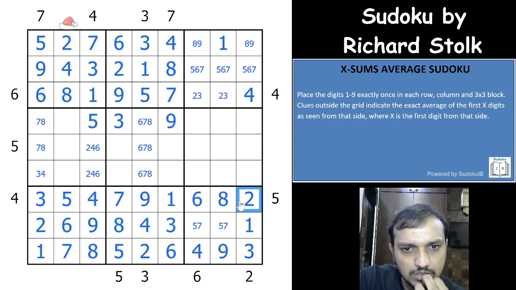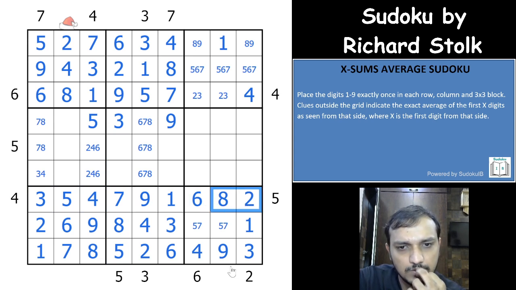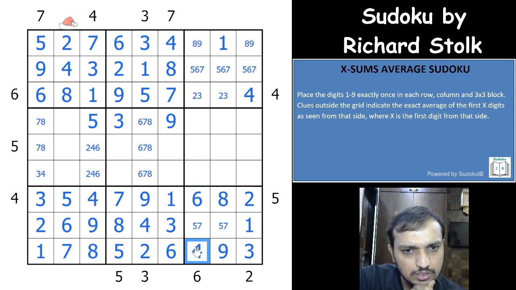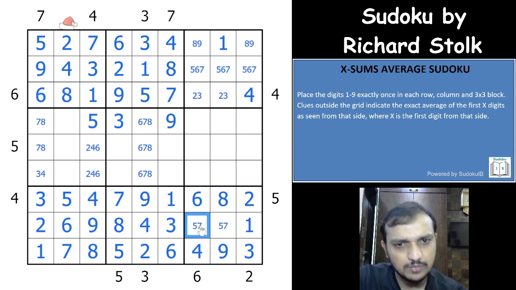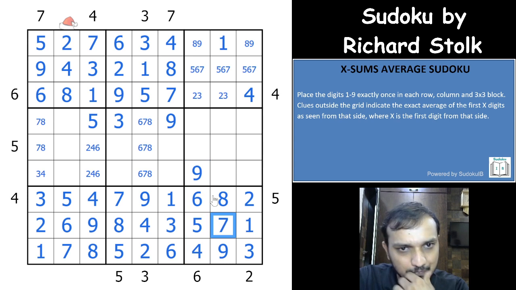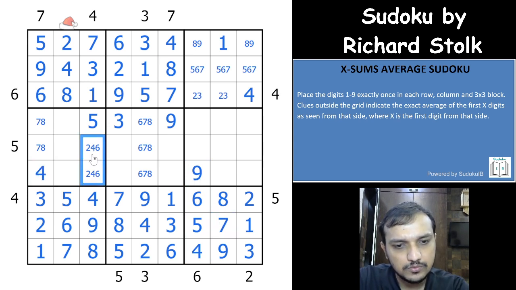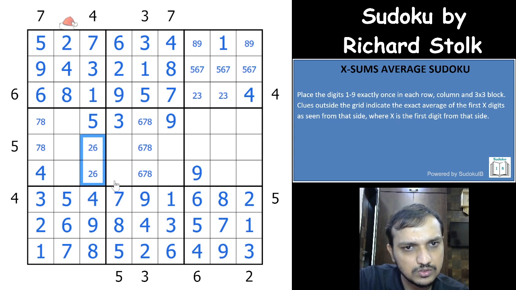No. I have done something here. This is also done. This is done. For the first 4 digits, you already have 10 here. You need 14 more. It cannot be 7, because then again you will need a 7. It is 5 and 9, 7. This is 4. 4 is ruled out from these cells.